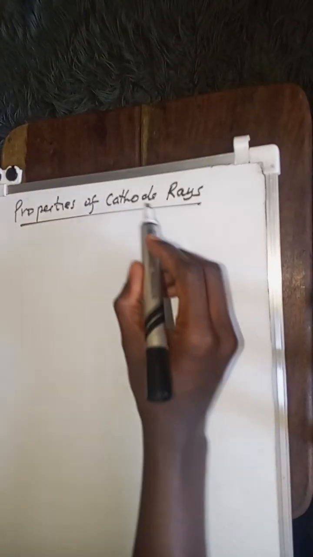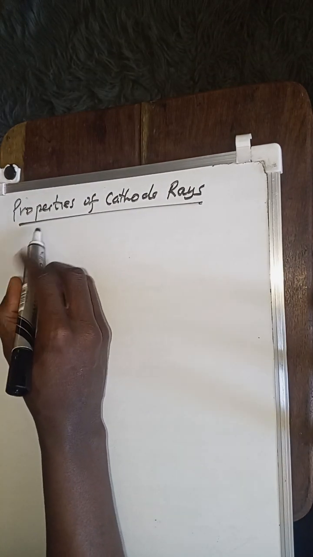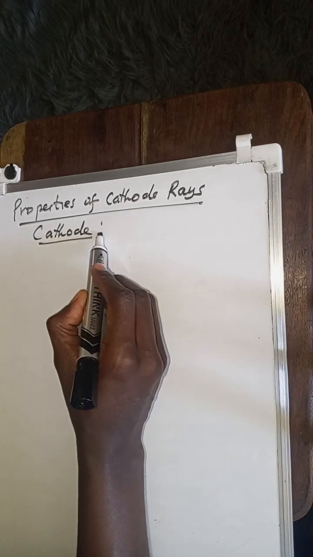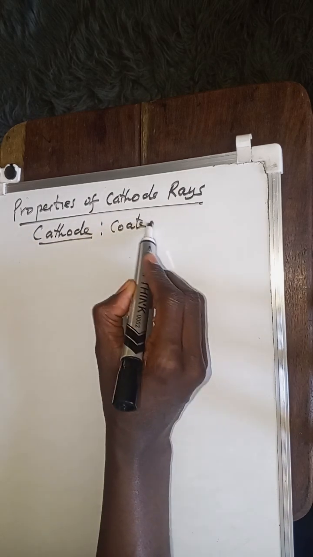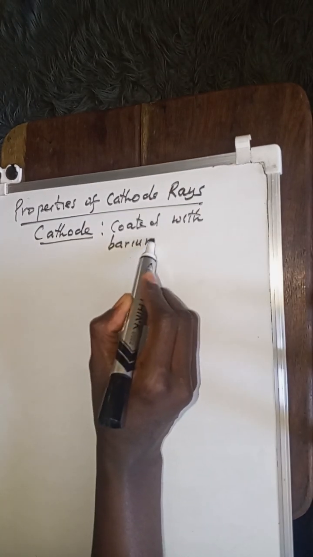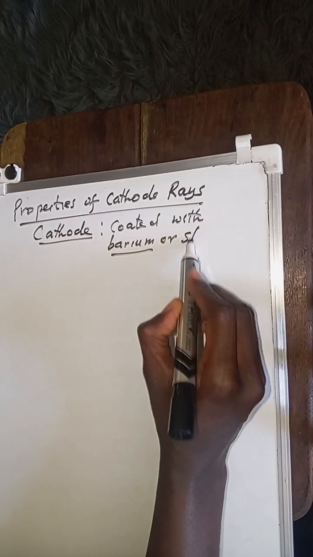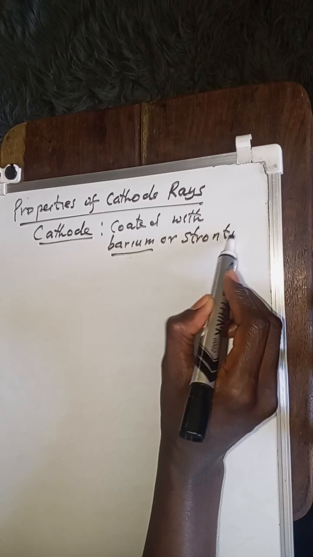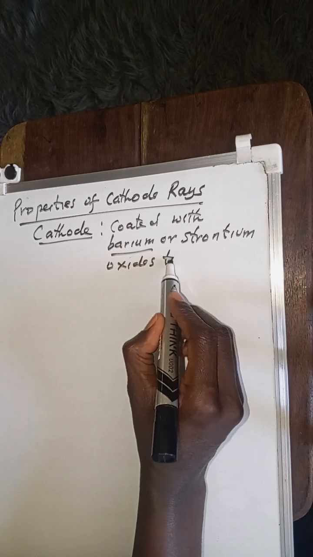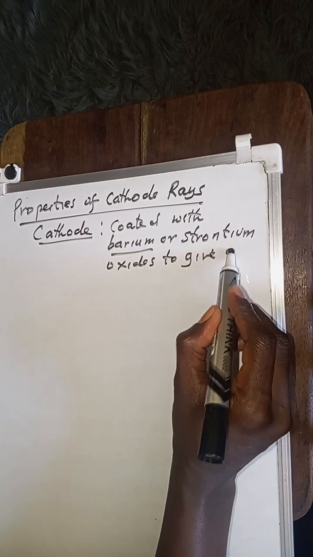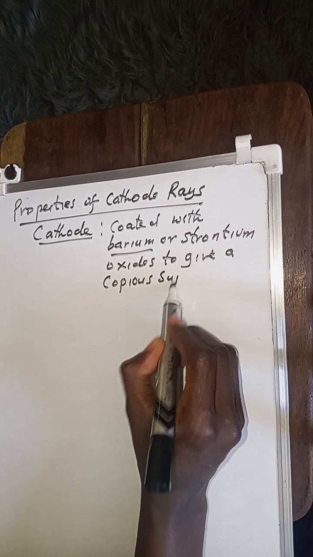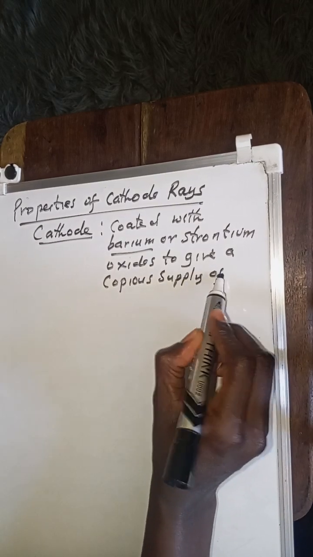The cathode is actually sometimes coated with barium, or sometimes we can use strontium oxides. Why? To give a copious supply of electrons.